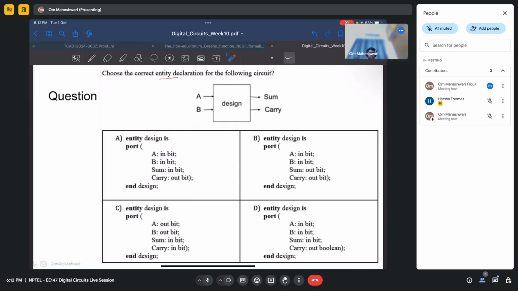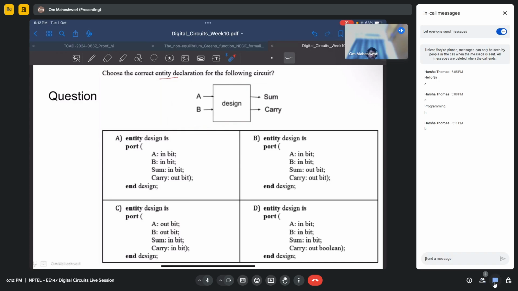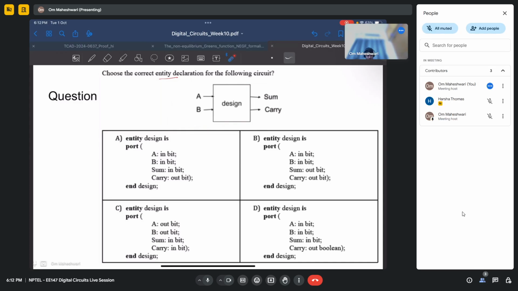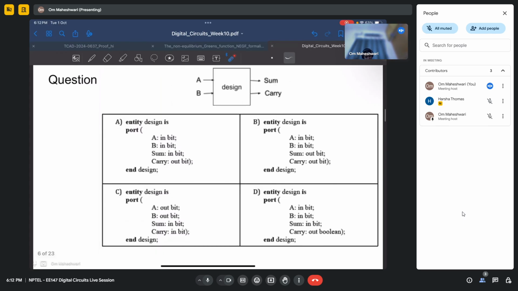So you have rightly said, option B is correct. Now, what is incorrect in the others? If you see here, A is an input port, B is an input port, sum is an output port, carry is an output port. So this is some kind of design for a half adder, or some adder.